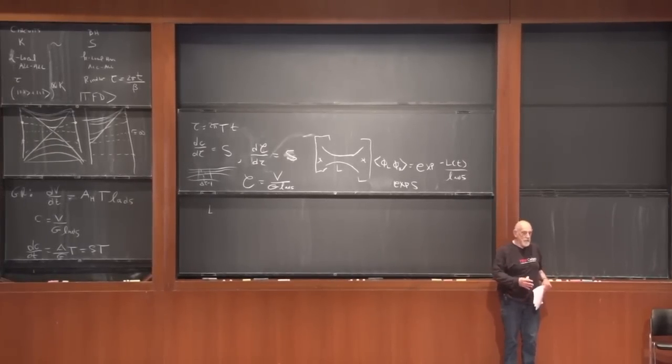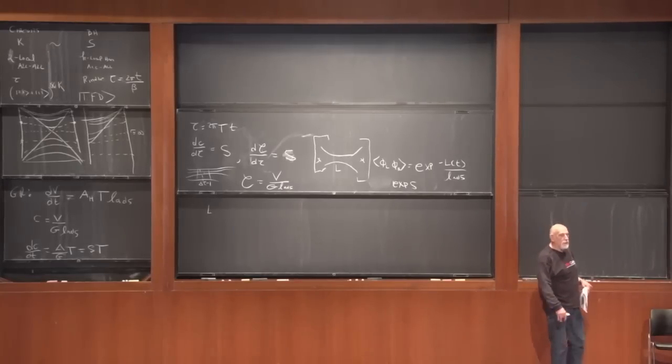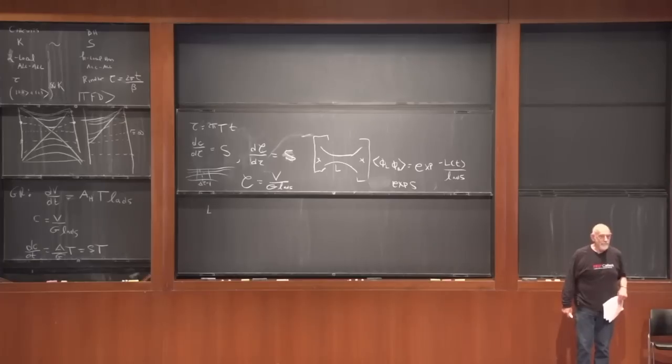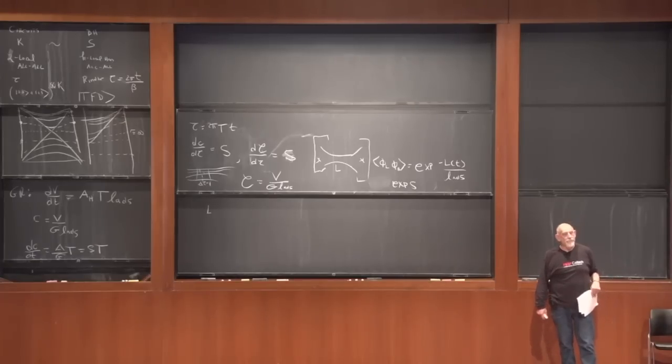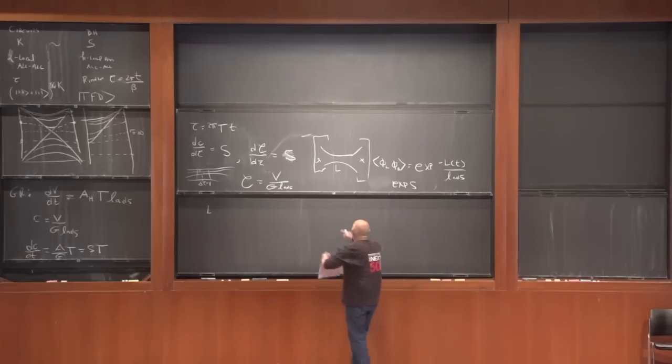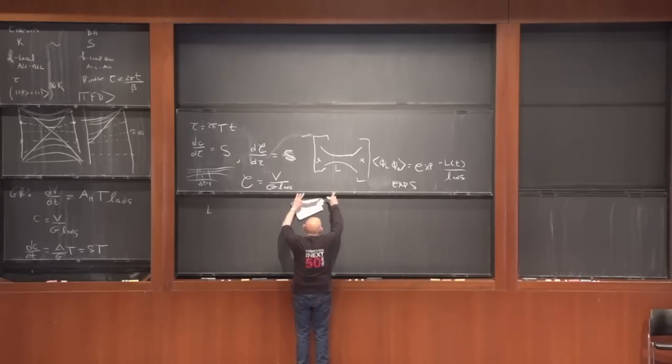It depends on which entanglement you're looking at, what I call vertical and horizontal entanglement. Are you talking about entanglement between the left side and the right side? That's constant, it doesn't change.